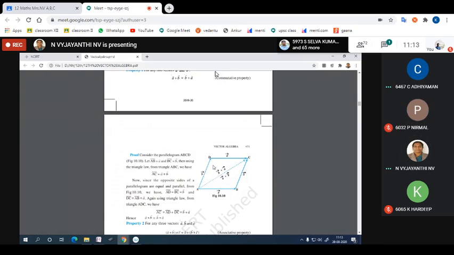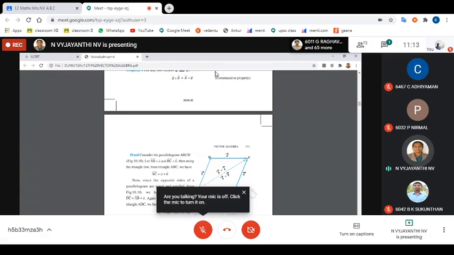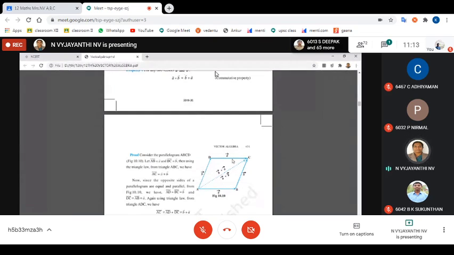Similarly, DC vector is also A vector because in a parallelogram, opposite sides are equal and parallel. Now, if you consider AD vector plus DC vector, then AC vector will be equal to B vector plus A vector.